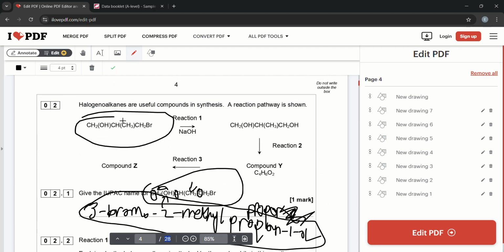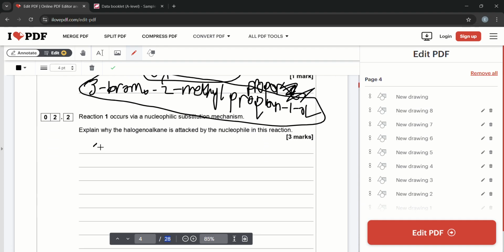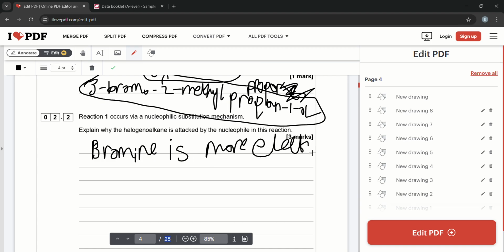Now if we look at reaction 1, it's to do with the carbon and the bromine, and we know bromine is more electronegative than the carbon. That's 1 mark. Bromine is more electronegative than the carbon.